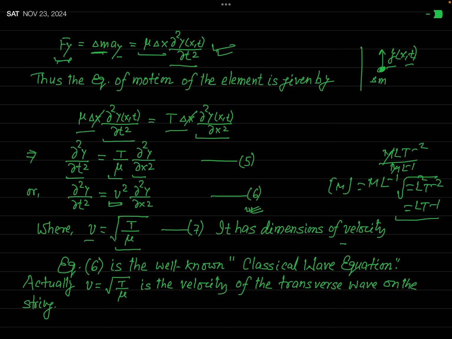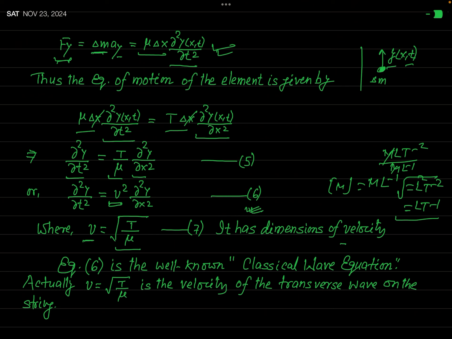But actually, when this string vibrates, a transverse wave is generated on the string, and that transverse wave travels with this speed v, which is equal to the square root of T/μ, on the string. But that wave propagation we will discuss in our next chapter.